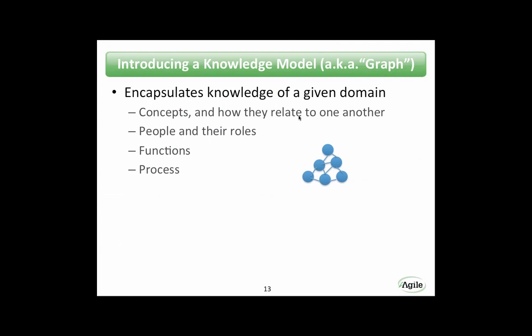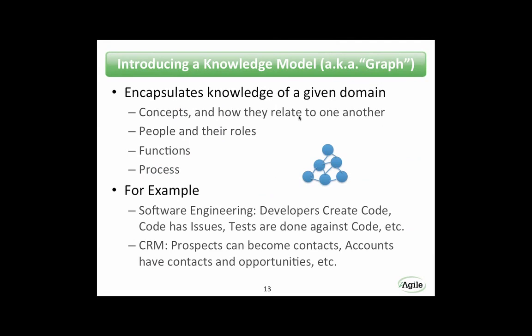And I covered these examples earlier for software engineering, but also for CRM. It's not rocket science, or I should say, it's not very widely argued about. Prospects can become contacts, and accounts have contacts, and there's opportunities associated with them. CRMs and software engineering tools might operate differently amongst different tools, but they're all managing these same general concepts.